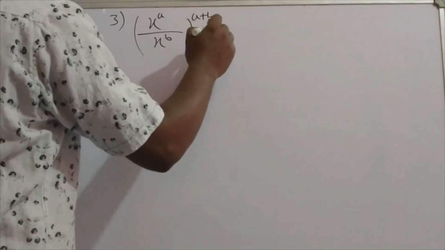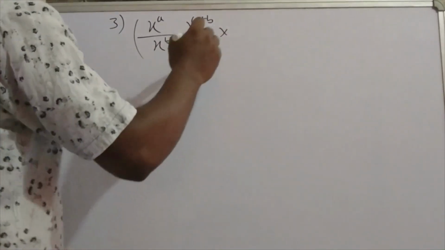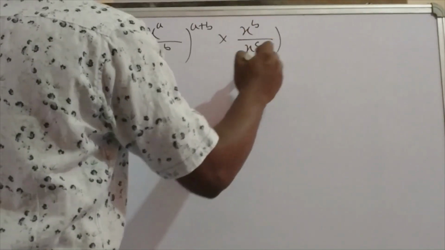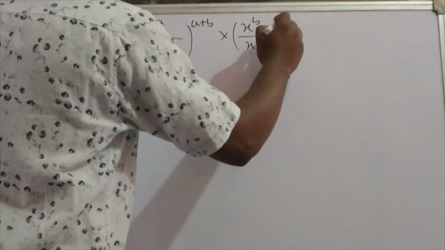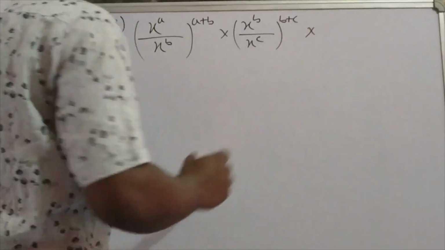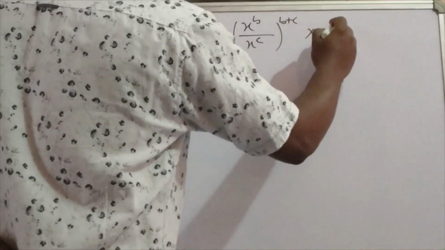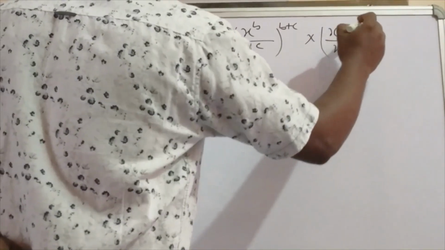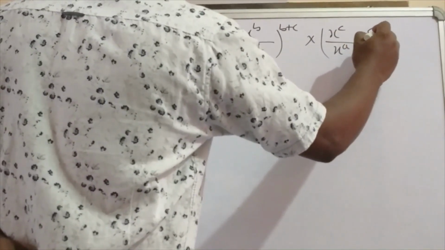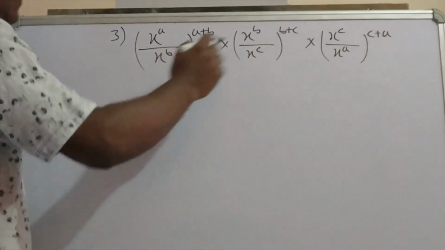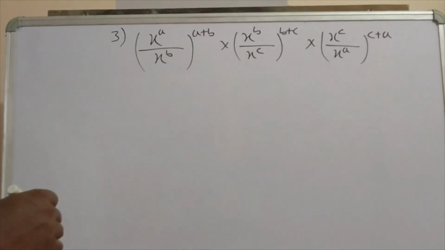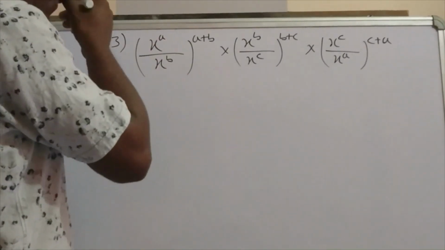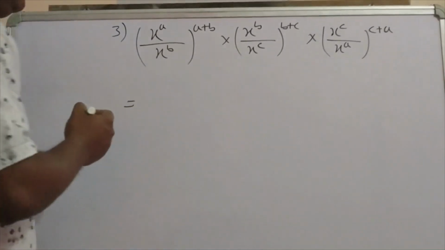to the power a plus b, into x to the power b by x to the power c, to the power b plus c, into x to the power c by x to the power a, to the power c plus a. The question is given this much. You have to simplify or solve. So first, it is divided, so the powers we have to subtract.